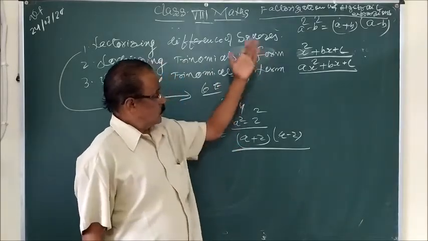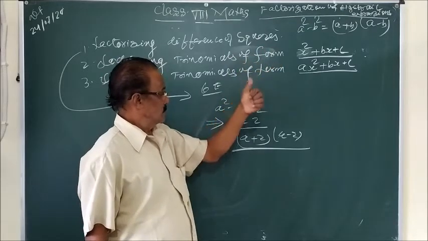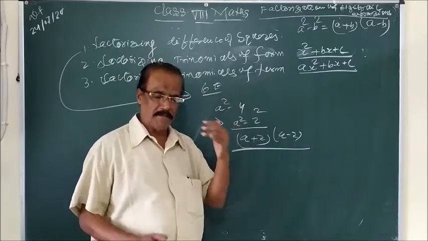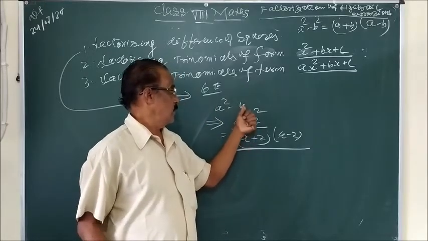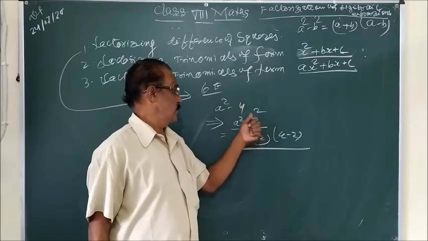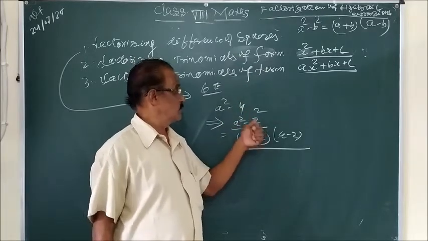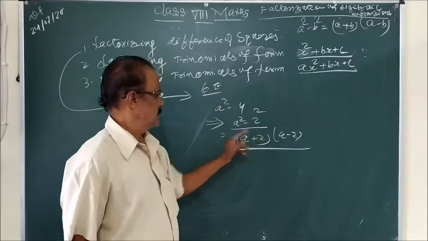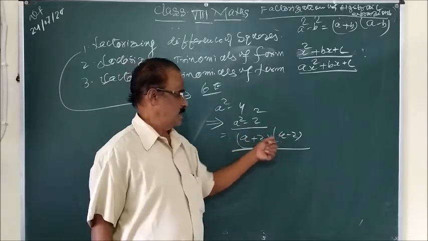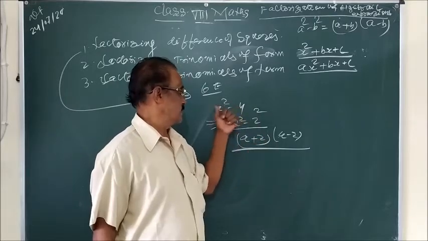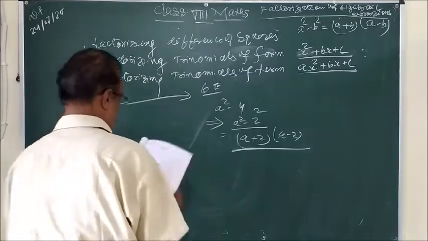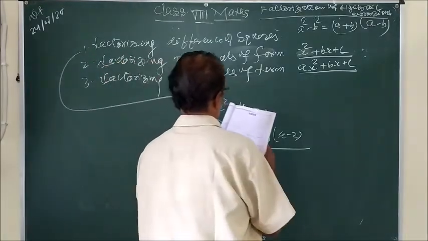But it is not that all the questions will be given like this. Suppose here 4 is not a square, so you can rewrite 4 in the form of a square, then you will use this formula, a plus b, a minus b: a plus 2, a minus 2. And if you multiply these two, you will get the same given expression, a square minus 4. So this is the factorization.